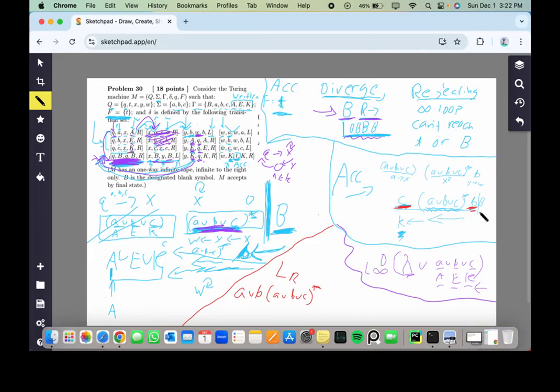Some of you might be saying, oh, what about the B? I don't want to include the B here because the B is kind of already in here. This string can generate something like A, B, right?